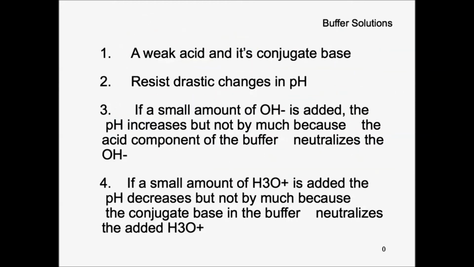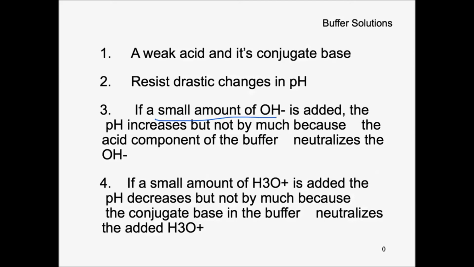The solution that is a weak acid and conjugate base mixture, and which resists a drastic pH change, is what is called a buffer. Small amounts of hydroxide are going to increase the pH by a tad bit, but not by much. So let's say the buffer was 4.78, it might become 4.80 or 4.81, but it's not going to become 6.